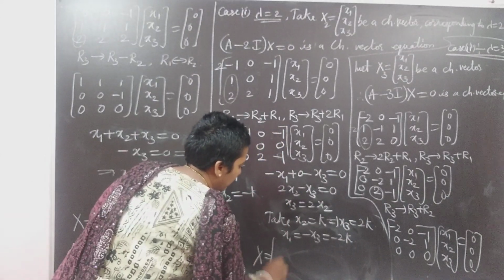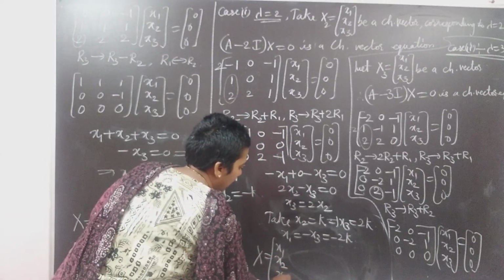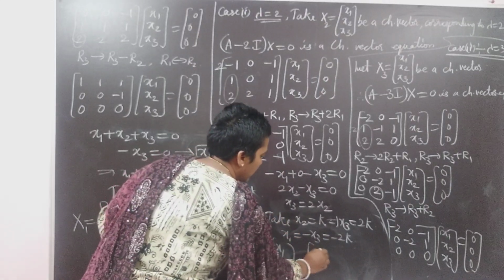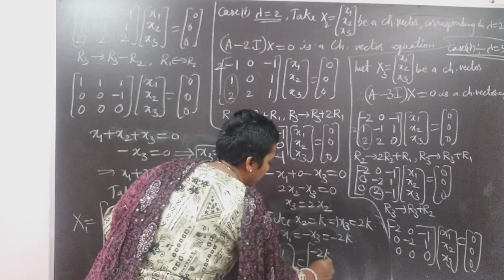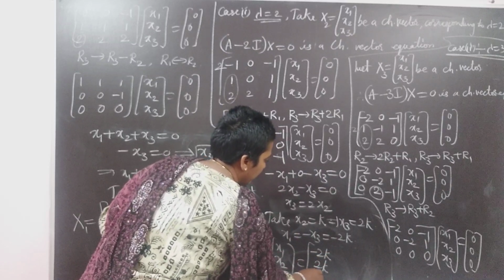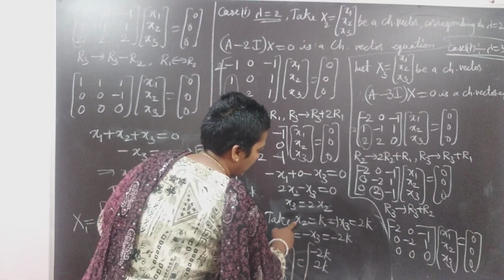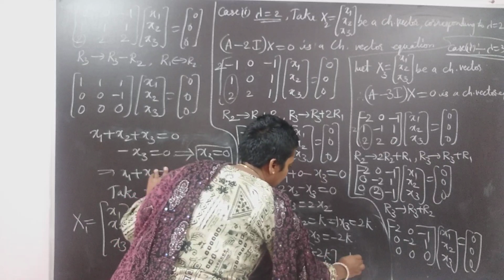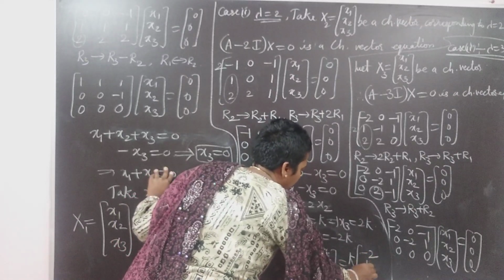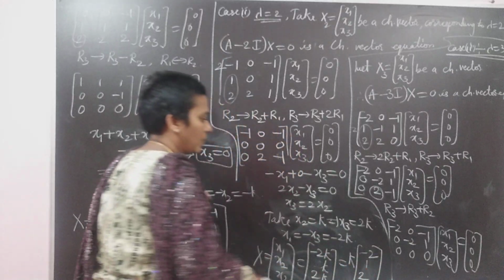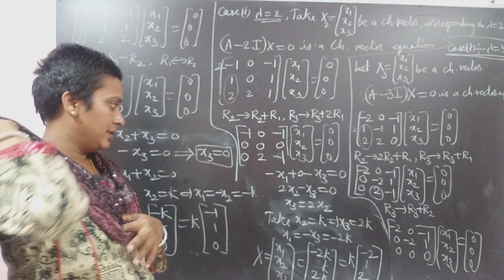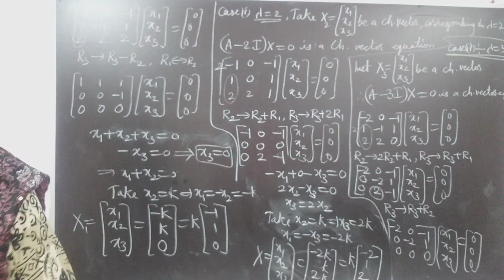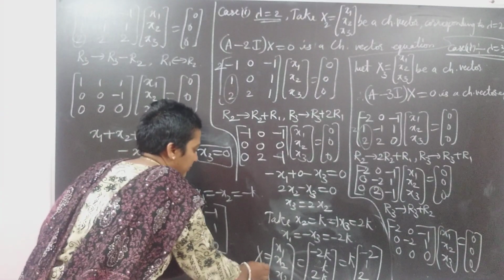Therefore, capital X equal to x1, x2, x3, that is x1 is minus 2k, x2 is k, x3 is 2k. Then k outside, minus 2, 1, 2. This is the x2 matrix.